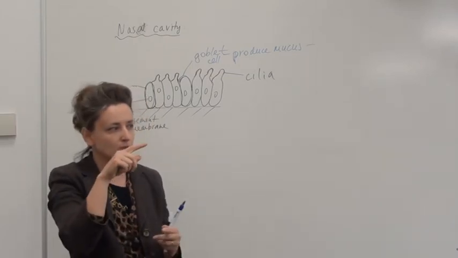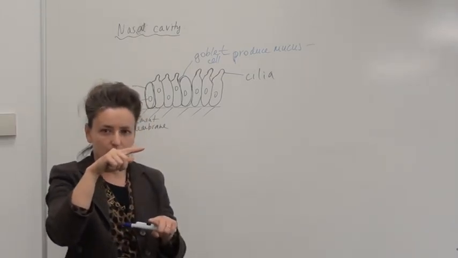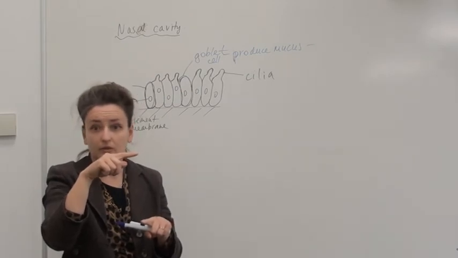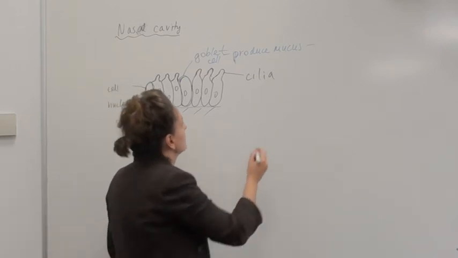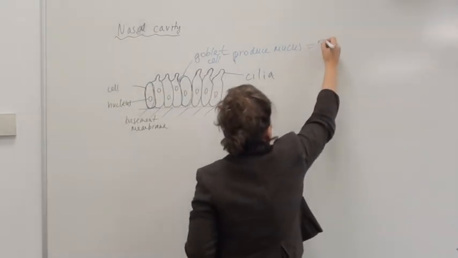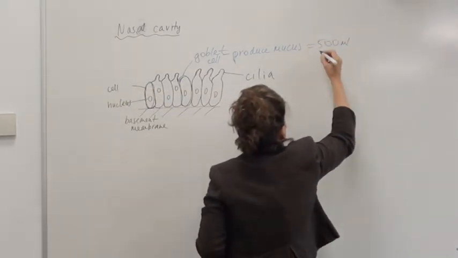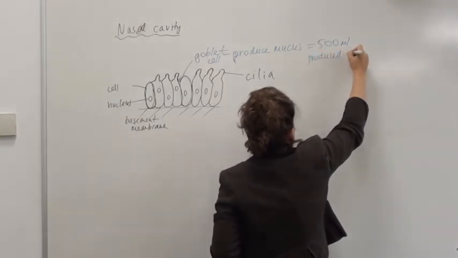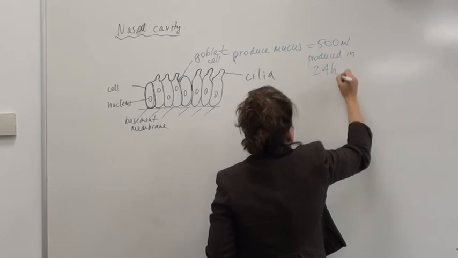If you imagine a normal drink bottle, which a lot of people carry with them, that's about 500 ml or half a liter. So about 500 milliliters produced in 24 hours.